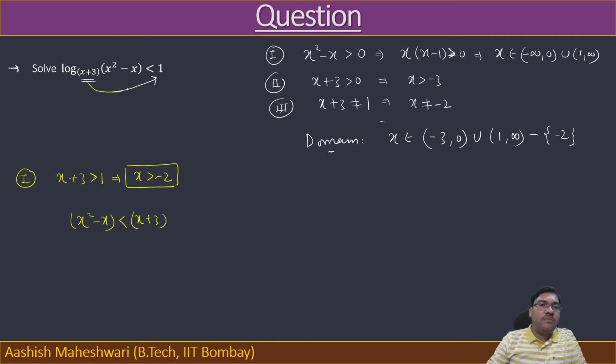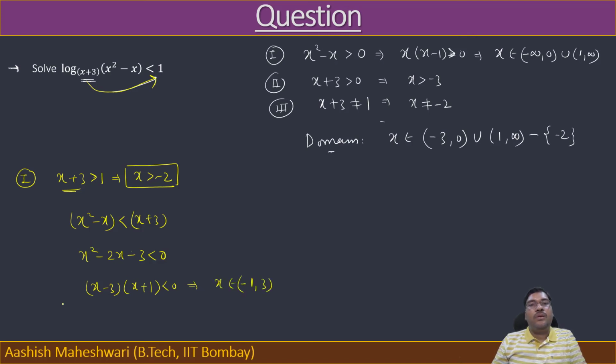If I take this x plus 3 raised to 1, correct? But here the sign of inequality will remain same, because we have taken a case that base is greater than 1. So here if you solve this, this is x square minus 2x minus 3 less than 0, which is x minus 3 into x plus 1 less than 0, which implies x belongs to minus 1 and 3, right?